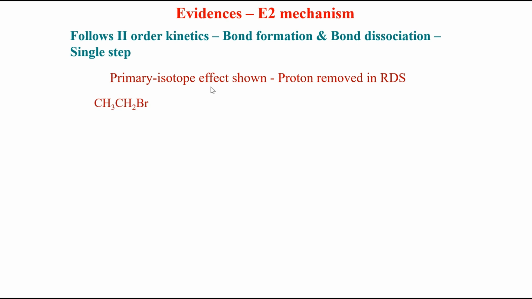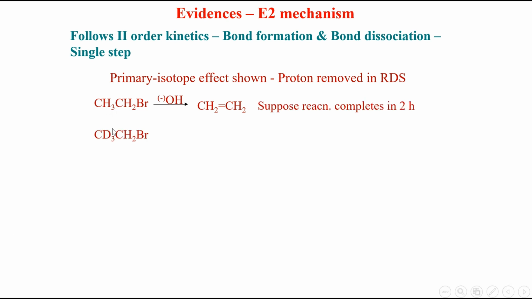If I take ethyl bromide and treat with a base, I'll get the corresponding alkene. In this ethyl bromide, if I replace the methyl group hydrogens by their heavier isotope, that is deuterium, and carry out the same reaction in the presence of the base, it also gives an alkene.